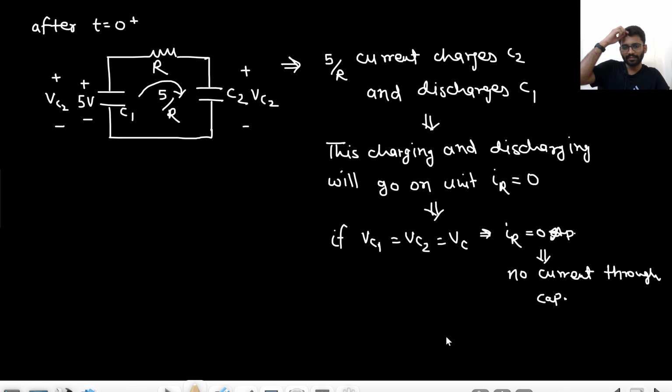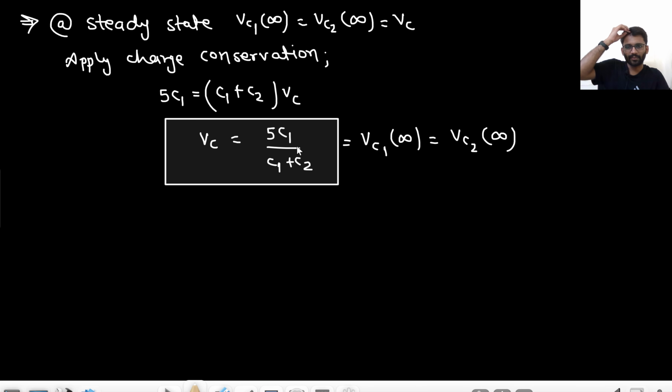So the Vc1 value is going from 5 to this value, but this time the response is not a step. It is not going from 5 suddenly to that value; it is exponentially decaying. Why so? What is the time constant?